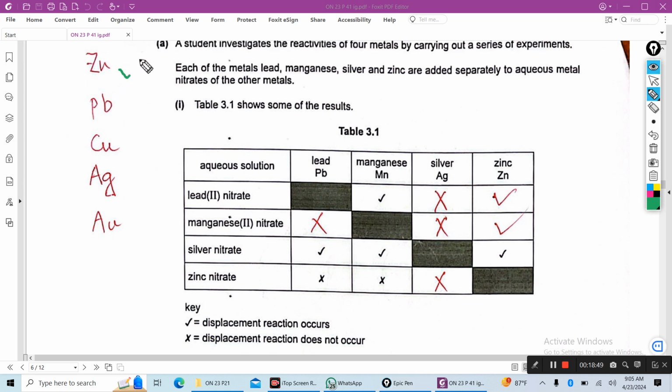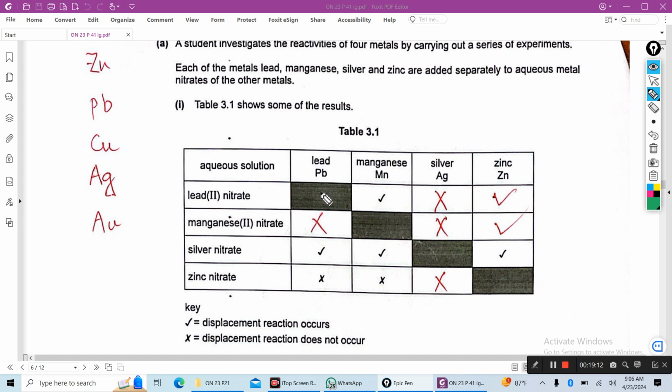Here zinc is more reactive, so zinc displaces lead. All tick marks mean it reacts. Zinc will react with lead nitrate, manganese nitrate, silver nitrate. So zinc is most reactive.